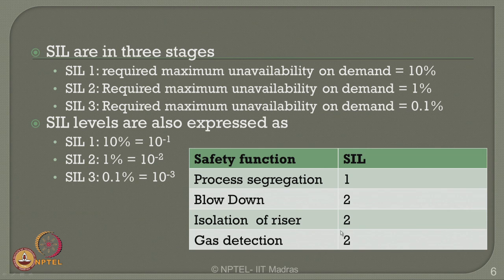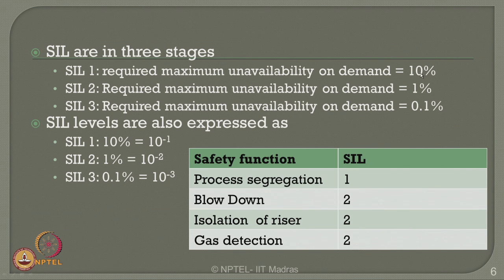Now, what does this mean? If the process segregation has an imposed safety integrity level of 1, it means the process segregation can be maximum unavailable on demand by about 10%. So, if you have, let us say, 100 equipments in the pipeline to work at, 10 of these 100 can remain out of order.